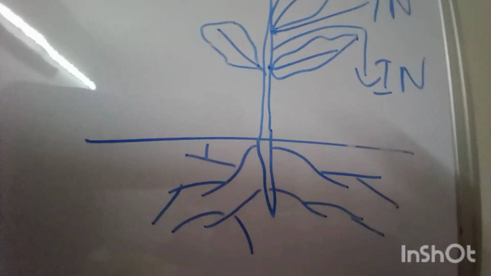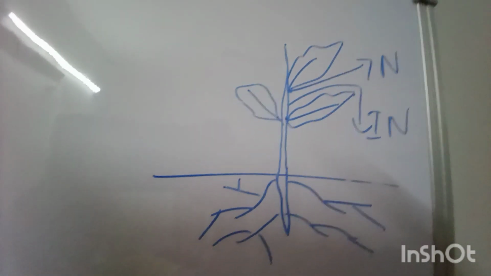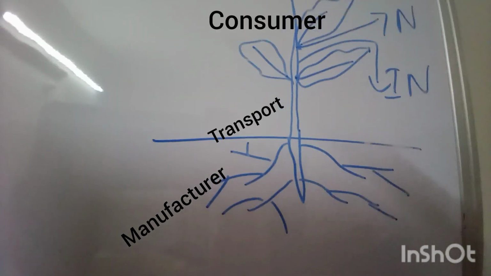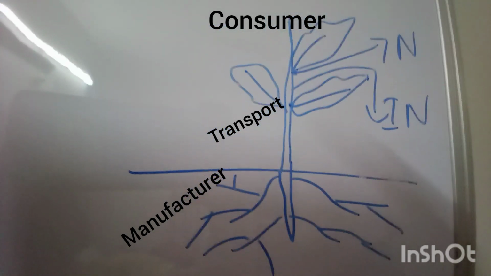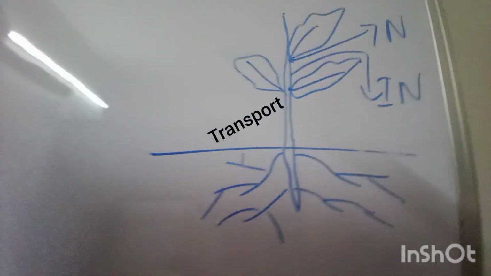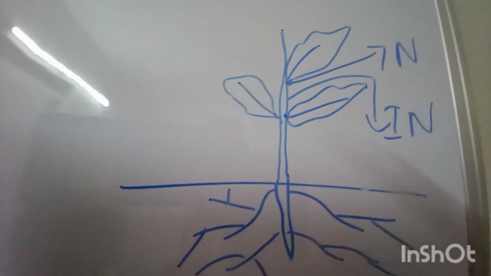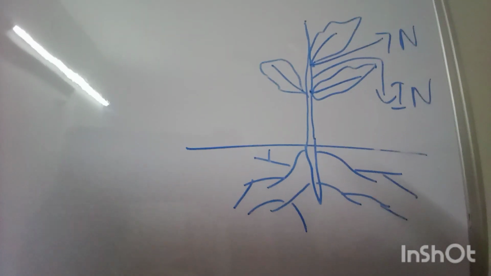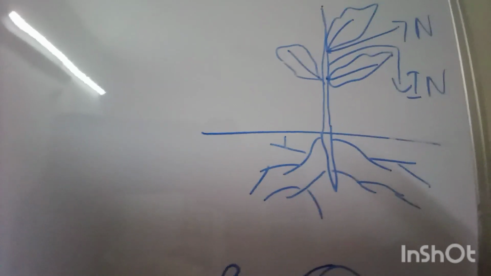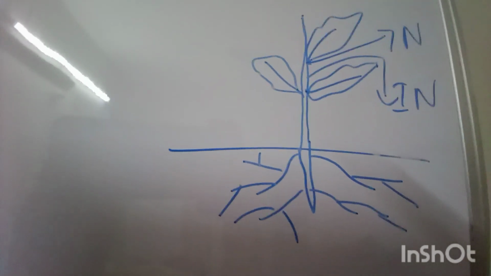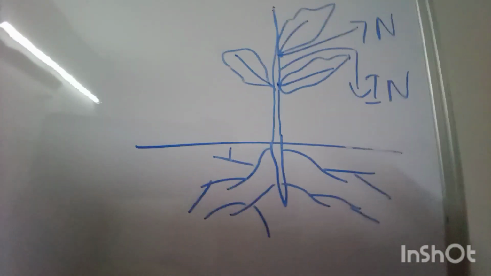That's a vehicle, maybe any vehicle, which is going to transport the goods from the manufacturer to the consumer. That main work is done by your stem. Like a vehicle for the transportation of goods in our normal places, here the stem. So this is an easy way to understand things of a plant.